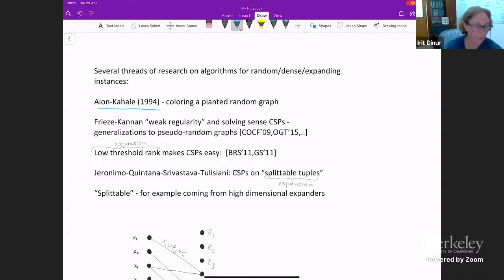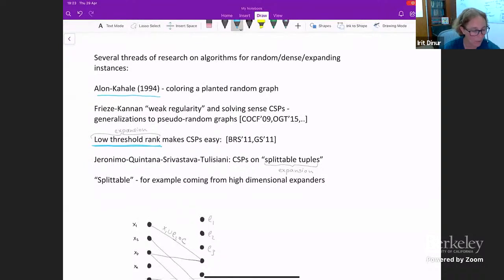A different thread of algorithms shows that CSPs are easy when the graph is an expander, and also something even slightly more refined than expander, called low threshold rank. It means that you can split the graph into a few pieces, but not too many. And then each piece itself is an expander.